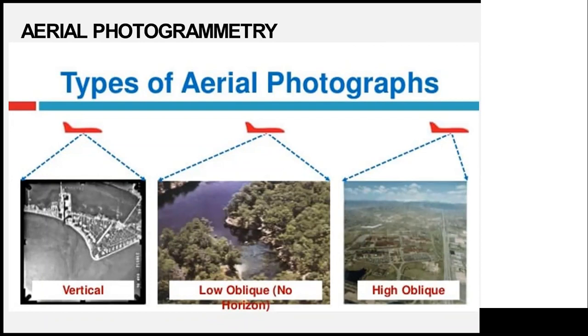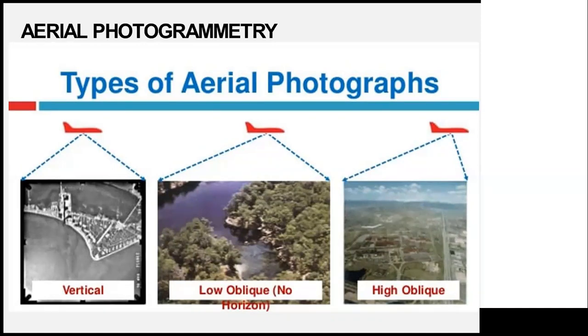So these are the three types. In vertical, you capture the area on the front side and back side, equal areas are captured. That is, from exactly the vertical direction you take the photograph. That is one type. Then the second type is low oblique, means no horizon. The camera might be tilted so that you are getting the area in a longer direction also.